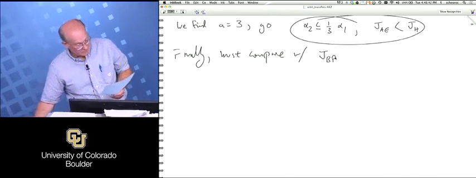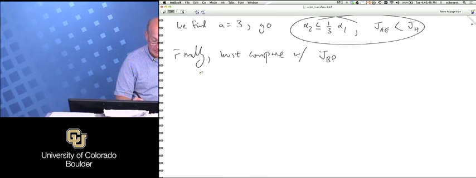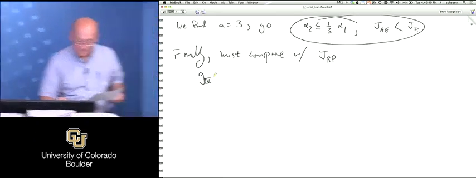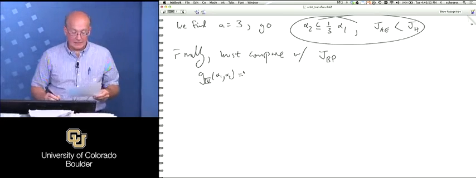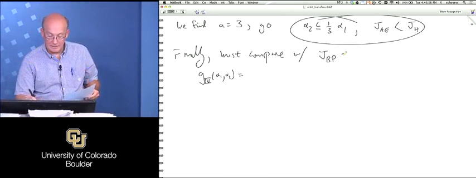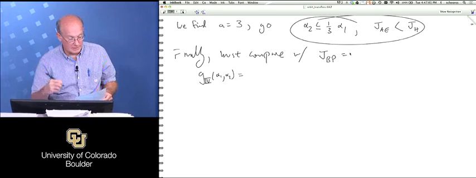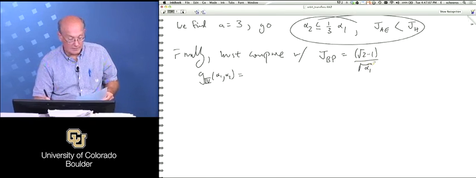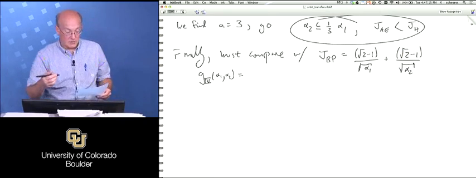And so here we would actually form what we call G4, 1 alpha 2, and we have stated the parabolic aero-assist option before. The biparabolic transfer actually turns out to be root 2 minus 1 over root alpha 1 plus root 2 minus 1 over root alpha 2 with our different normalization.